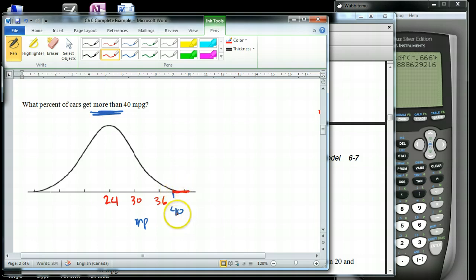So our left boundary is going to be 40, and the right boundary is going to be positive infinity. But again, I need to get a z-score for 40.